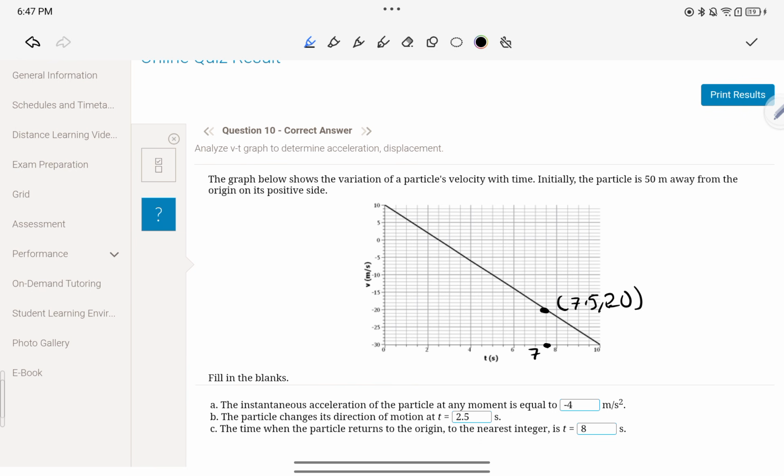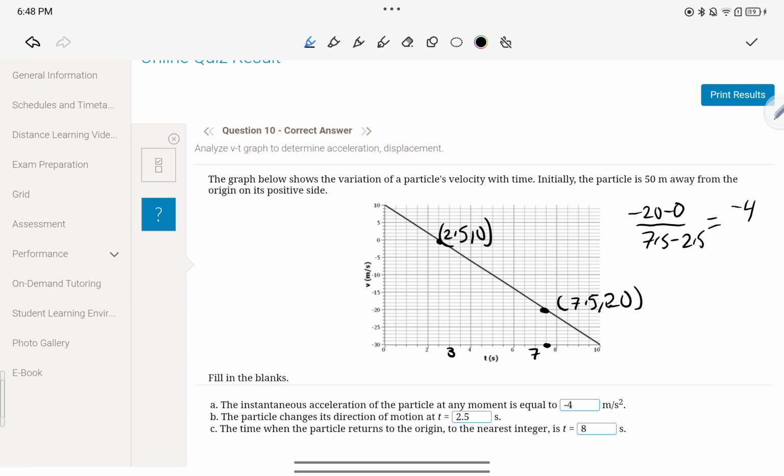Also here, this is 2 and this is 3, between 2 and 3 it's 2.5 and 0. Now y2 minus y1 over x2 minus x1, so it will be -4.